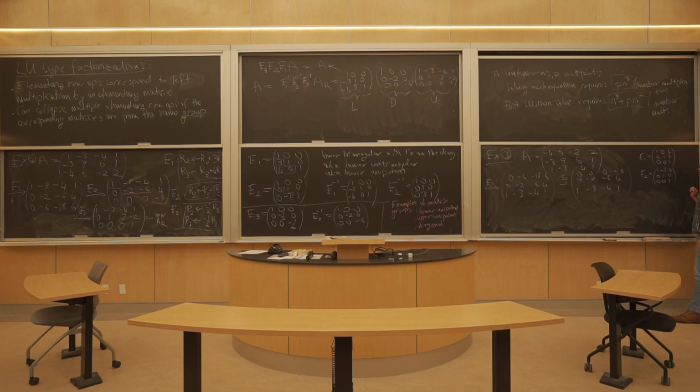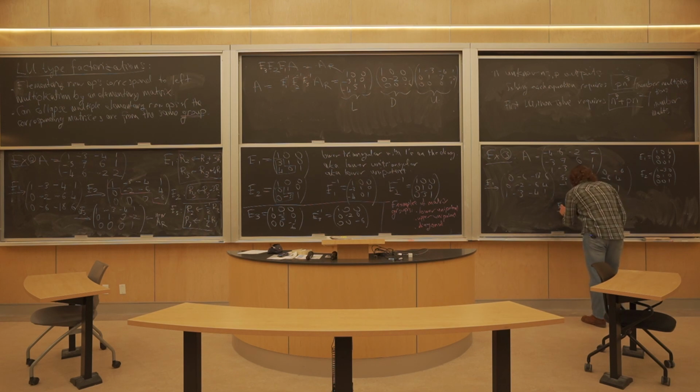Now you see, upper triangular matrices, I mentioned here, like lower triangular matrices, form a group. And so I can say this matrix equals A times, from the left, E1, from the left, E2. And then, if I wanted, I could have done a permutation here.